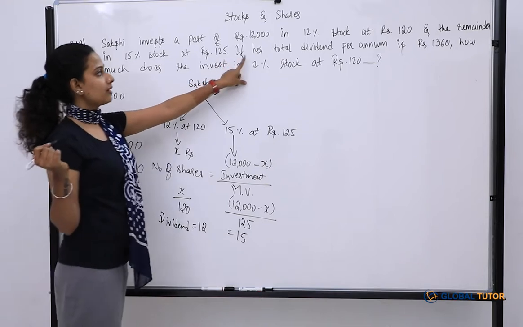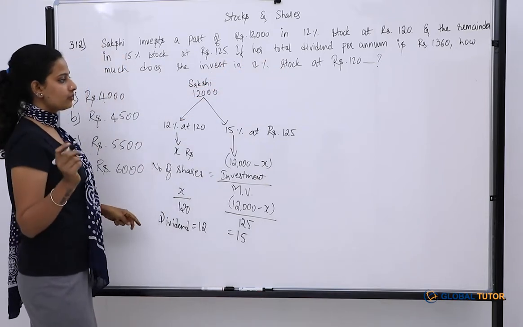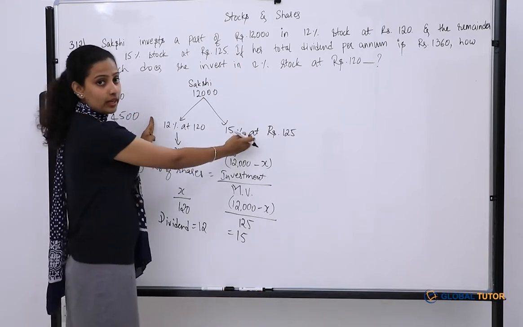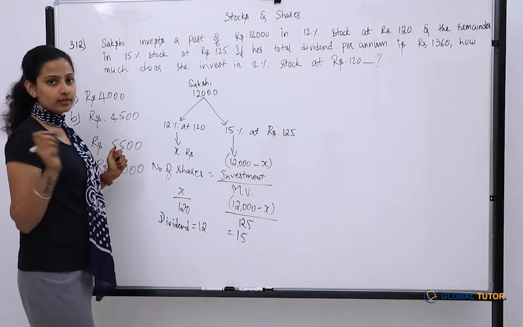They mentioned that her total dividend per annum is 1360, which means including both the stocks, she got a dividend of rupees 1360.